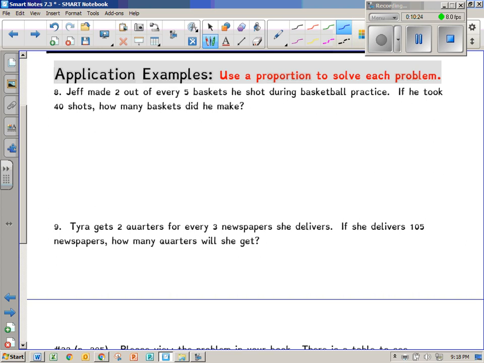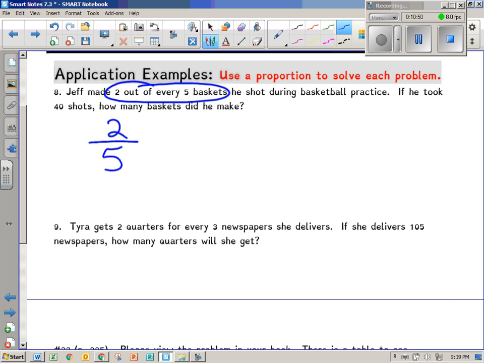So when you read something like this, Jeff made 2 out of every 5 baskets. Well, when you see that 2 out of every 5, the first thought you should start to have now is, hey, that's a ratio, 2 per 5. Okay, even a rate, if you will, from what we've learned. So 2 baskets out of every 5 that he shot during basketball practice.